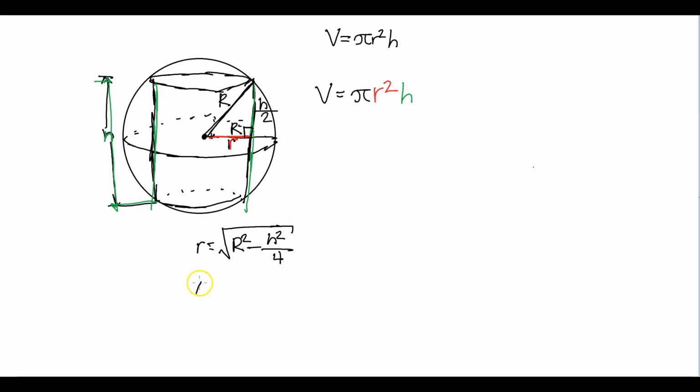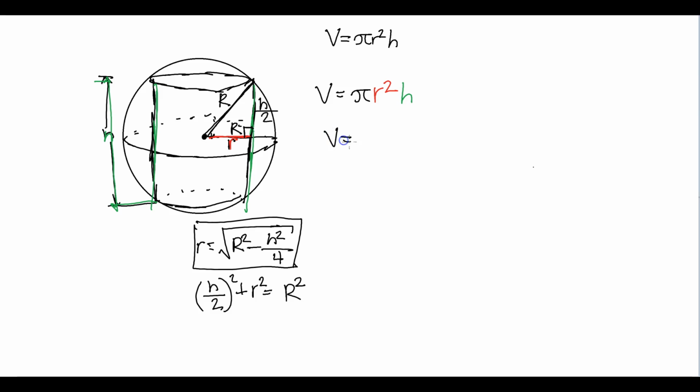Because we did the Pythagorean theorem: (h/2) squared plus little r squared equals big R squared. So we solve for r squared, and we get this expression. The reason I'm solving for r, not h, is because h would still involve a square root. Because r is squared, the square root disappears.